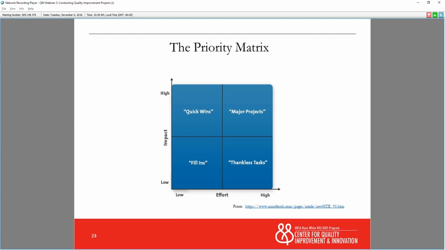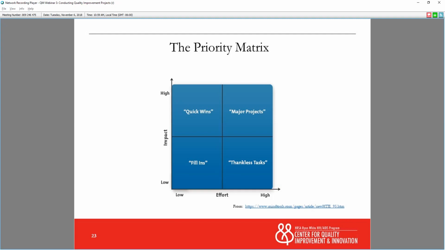So let's look at the priority matrix. This is a seemingly simple way of prioritizing what you want to work on. So let's say you have a bunch of data that indicates, I'll go back to the TB test again because it's easy, that there were 32 people where the test was done but the person never showed up again.